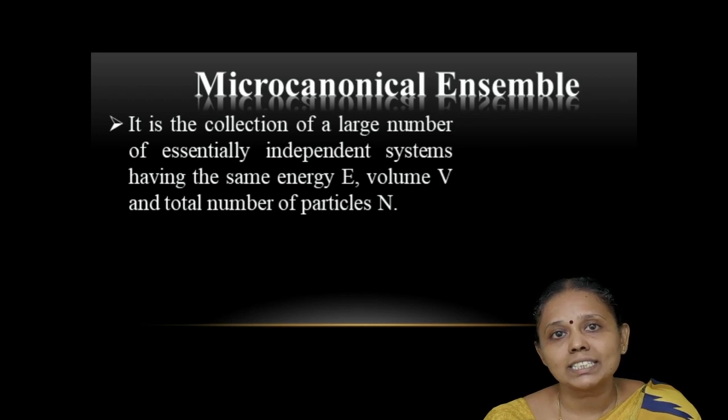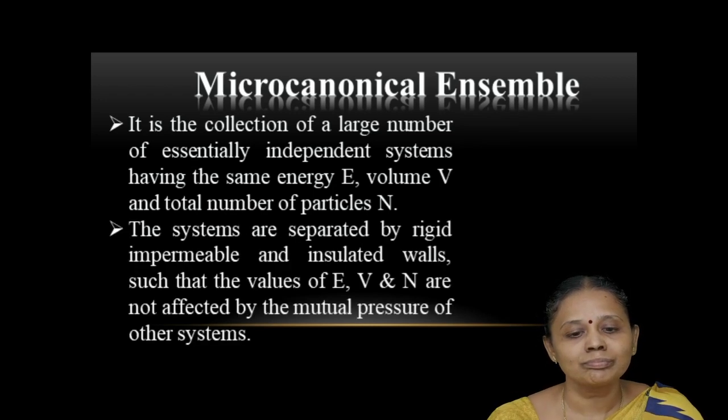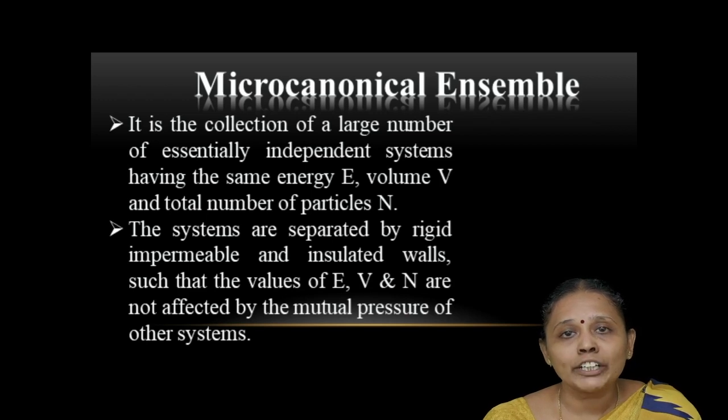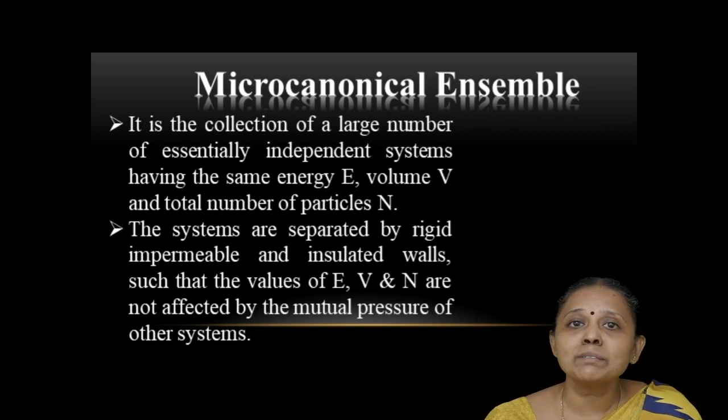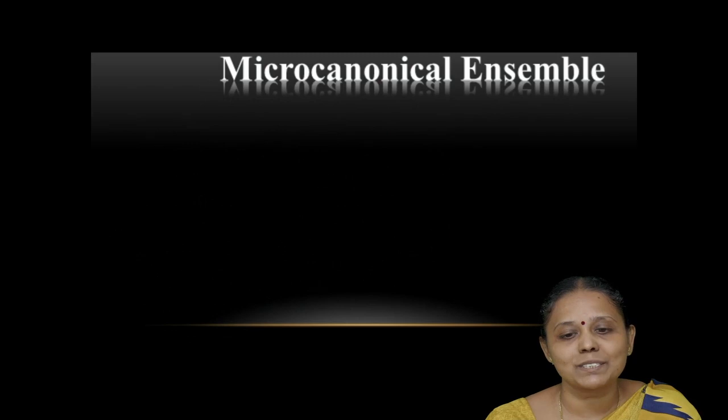Here energy is represented by the letter E, volume by the letter V, and the total number of particles by the letter N. In the microcanonical ensemble, the systems are separated by rigid, impermeable, as well as insulating walls. Therefore, the values of energy, volume, and total number of particles are not affected by the presence of the other systems.